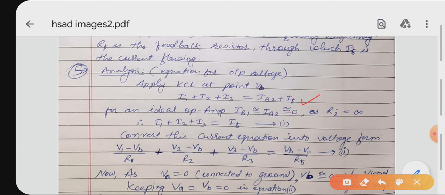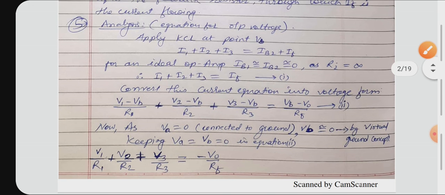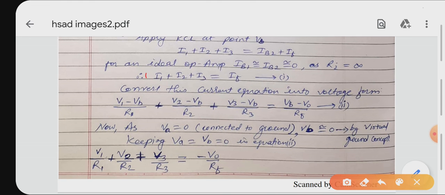Now for an ideal operational amplifier, we know that IB1 equals IB2 equals 0 due to infinite input impedance. So the equation becomes I1 plus I2 plus I3 is equal to IF. You can convert this equation into voltage form. For I1 you can write (V1 minus VB) divided by R1, because I1 is the current flowing through R1 from V1 to VB.